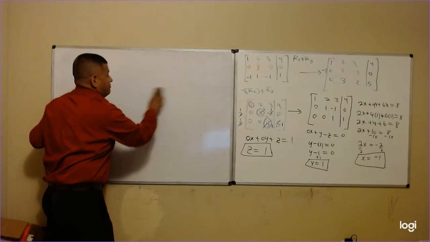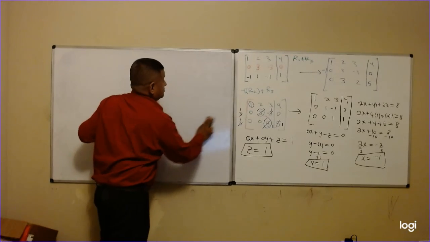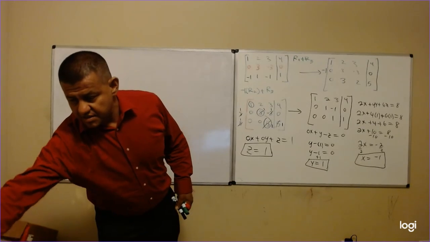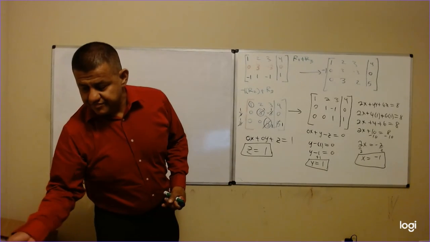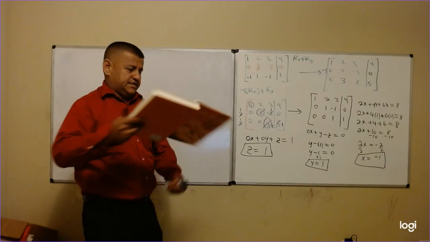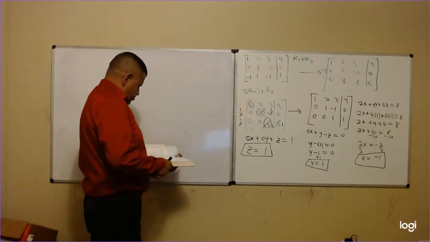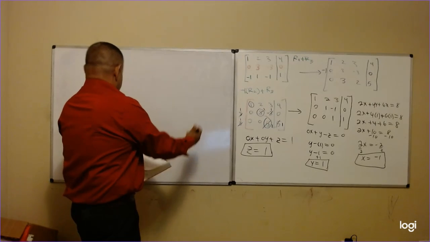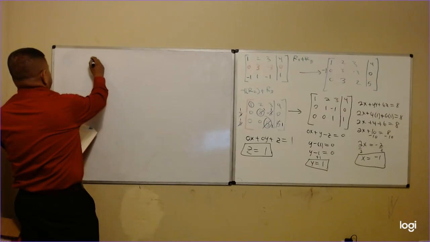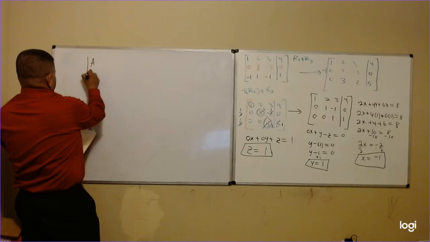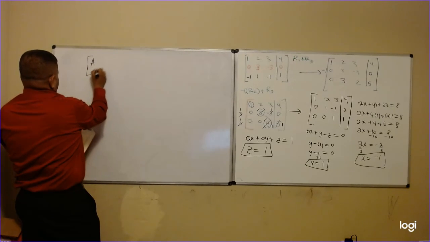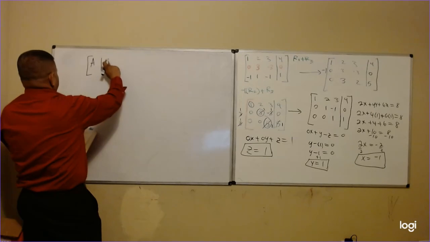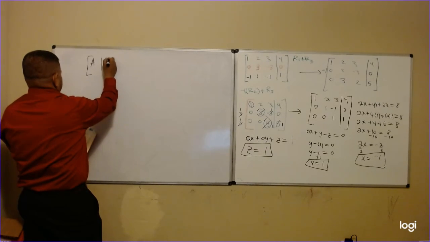When you have an augmented matrix, you have it in the form like this. So you have it in the form like this. So A and then B, small b actually, right?